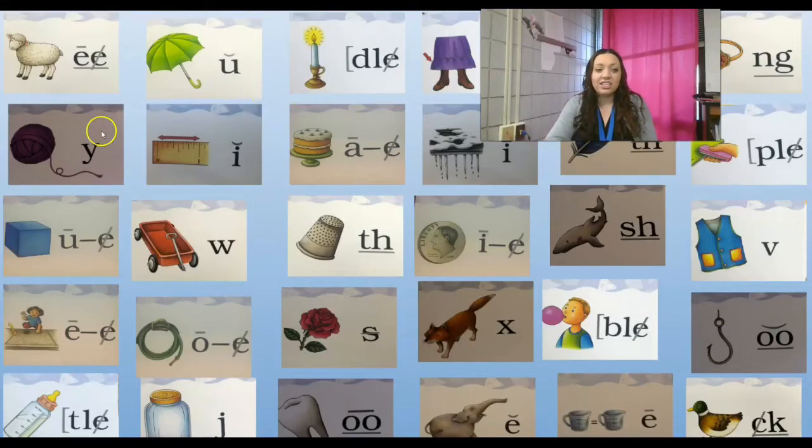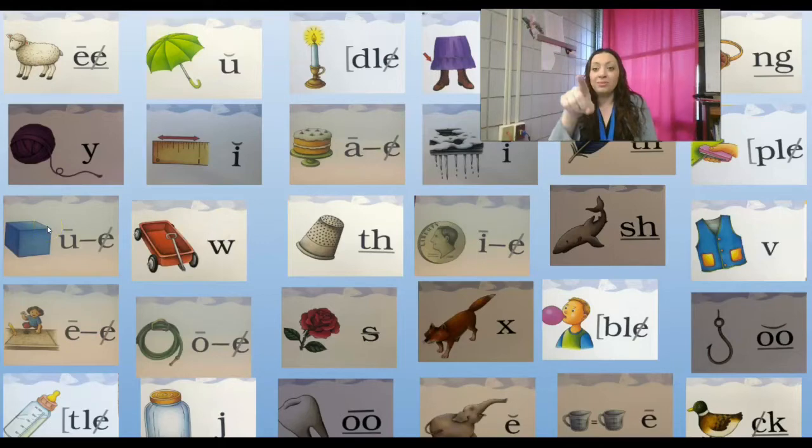Digraph NG. Then we have yarn, Y. Inch, I. Cake, A consonant E. Icicle, I. Feather, digraph TH. Staple, pull. Final syllable PLE. Very good.